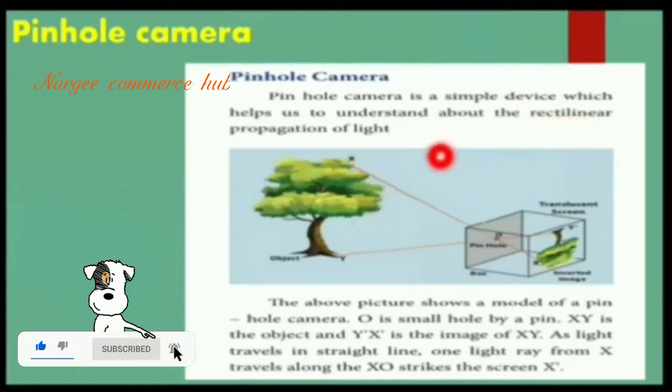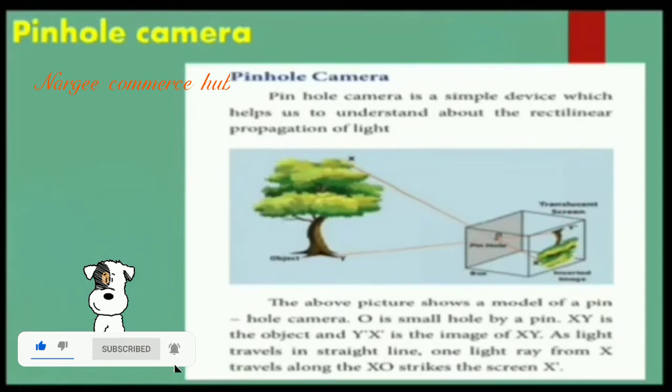First I will explain this picture. It is the model of a pinhole camera. O is the small hole made by a pin. XY is the object. Y dash and X dash is the image of XY.